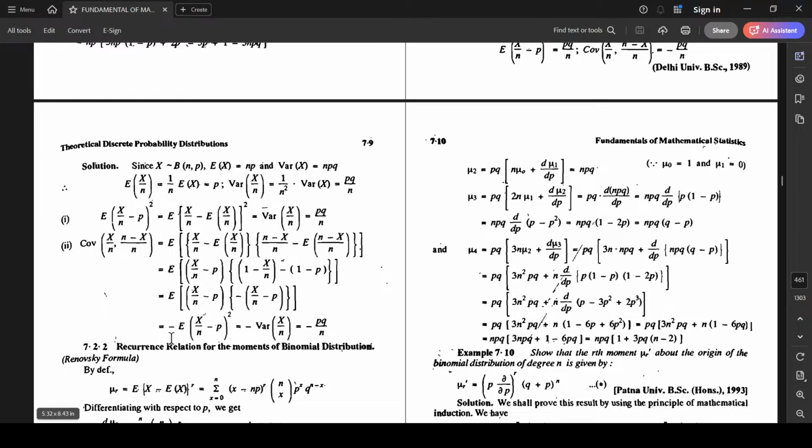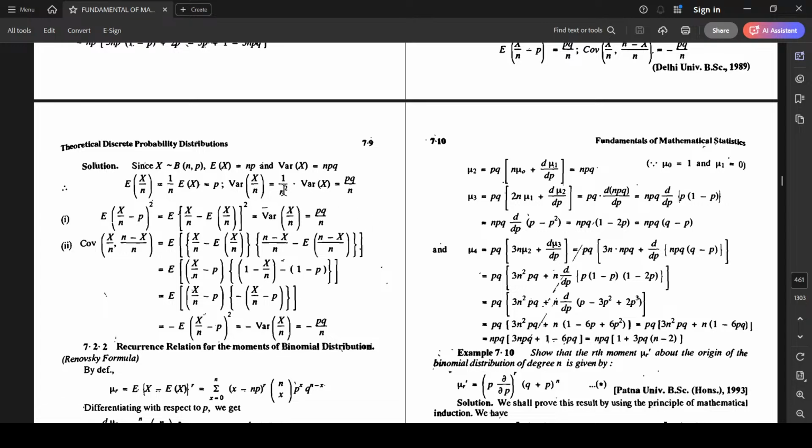This, just squaring it, and minus E(xn) minus p square is equal to, now see this. If you open it, this resembles this part: x upon n minus p, x upon n minus p square. So if you open this, this will become n square, and this part will become, including the p, variance of x.